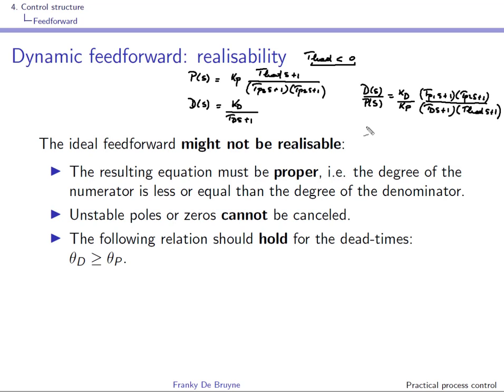And well, this is the feed forward, but this feed forward, okay, is going to go through the process, and it will cancel, right, the lead that you have at the numerator, but this one is negative. So here we have an unstable, between quotes, pole zero cancellation, right? And this is not possible. This means that you cannot, in this case, cancel the unstable, between quotes, zero of the process.